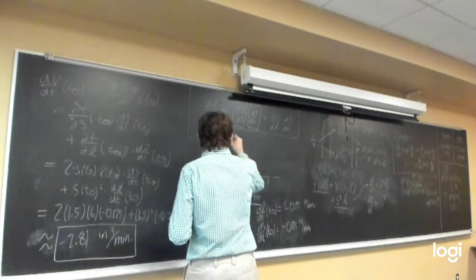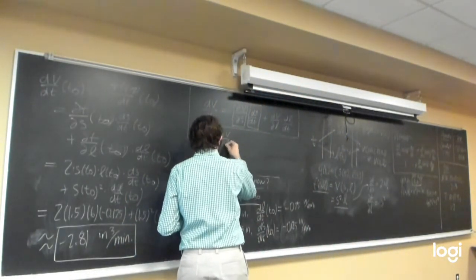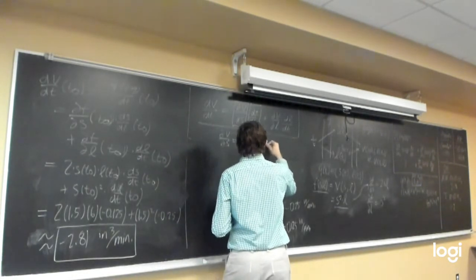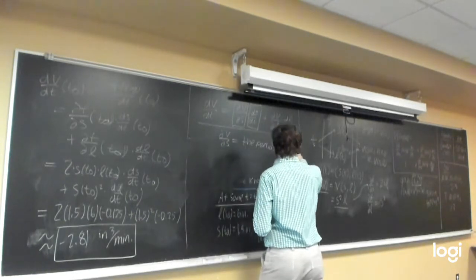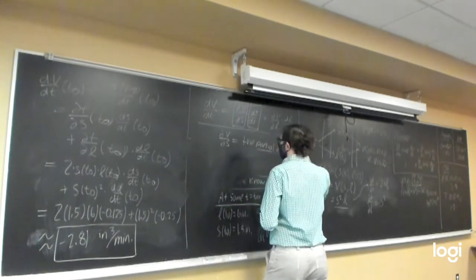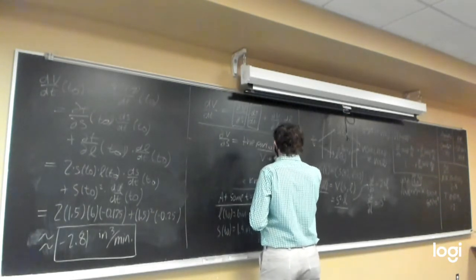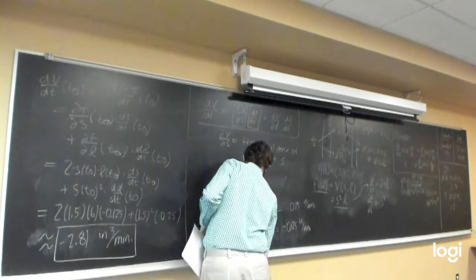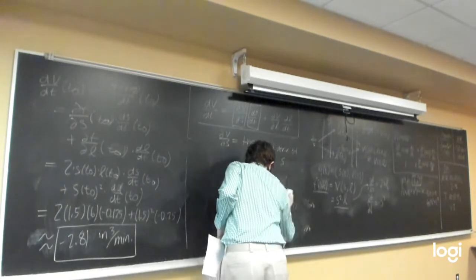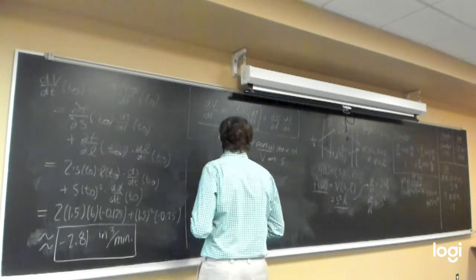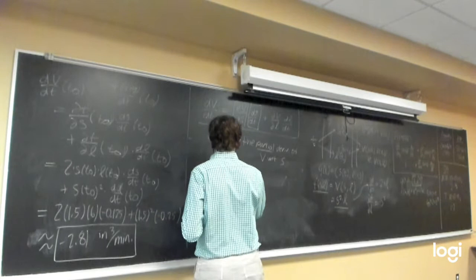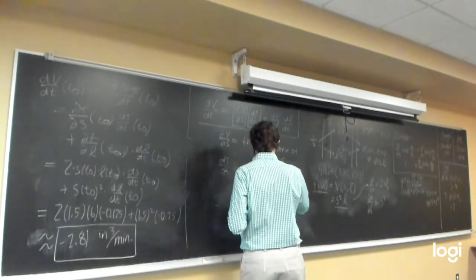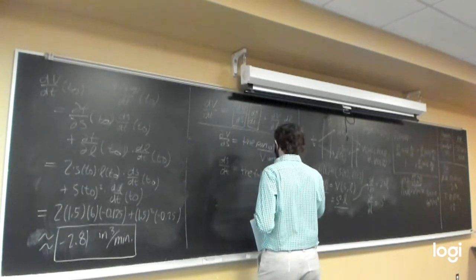Bingo. When we say del v, del s, what we're saying is the partial derivative of volume with respect to the variable s. Whereas when we're using this notation, ds dt, what we mean is just the full derivative of s with respect to t.